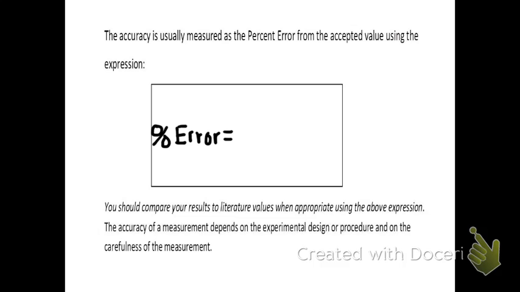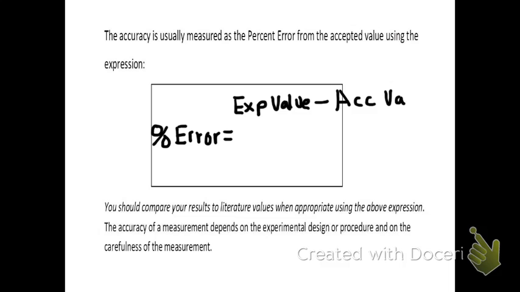So we're going to take our experimental value and subtract that from the accepted value. Sorry, it's going out of the box there.